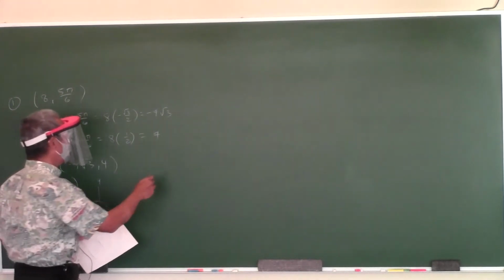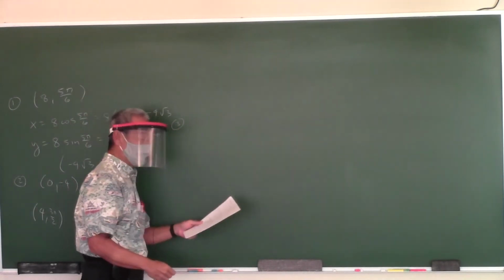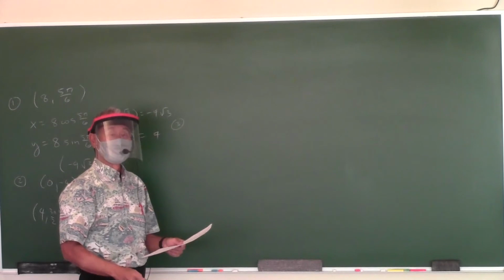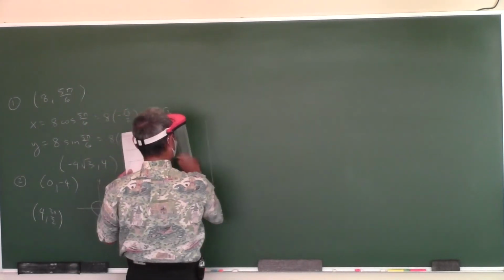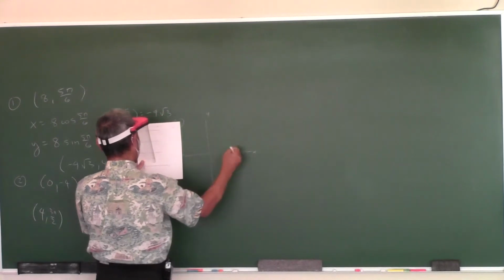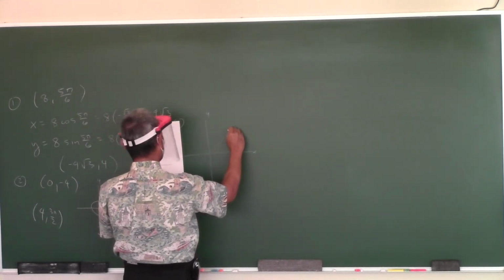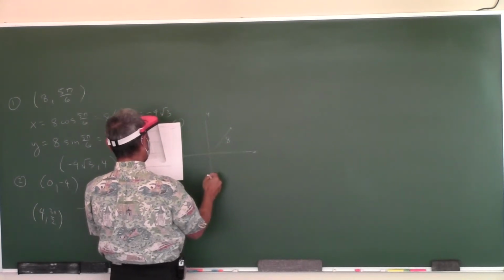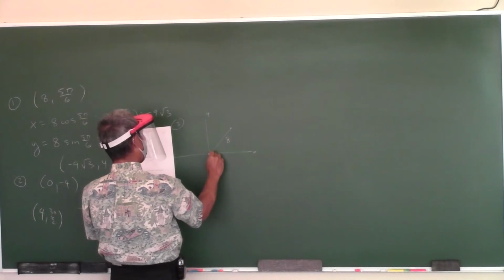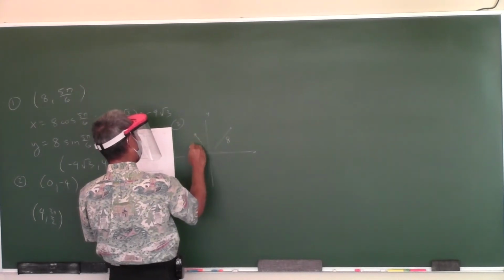And then number 3. How do you find the distance between 2 polar points? Draw up a picture and use the law of cosines. All right, so the first point is 8, 50 degrees. So draw a 50-degree angle and go 8 units from the origin. And then the next point, draw a 110-degree angle and go 5 units from the origin.